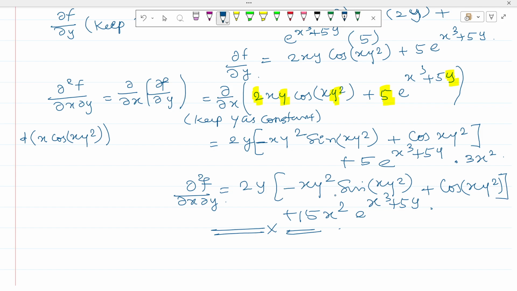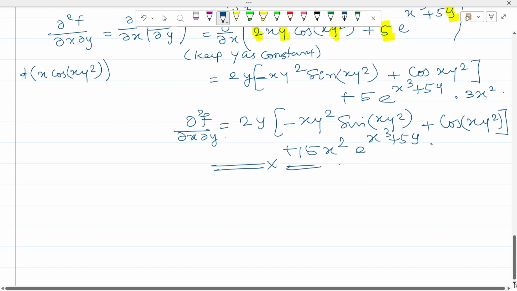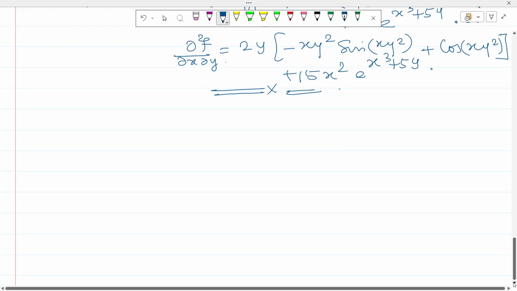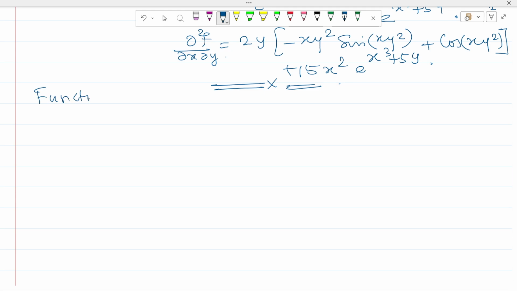Function of function rule. What is meant by that? Function of function rule, it is so much important. Even in the last class also we have discussed the function of function rule.